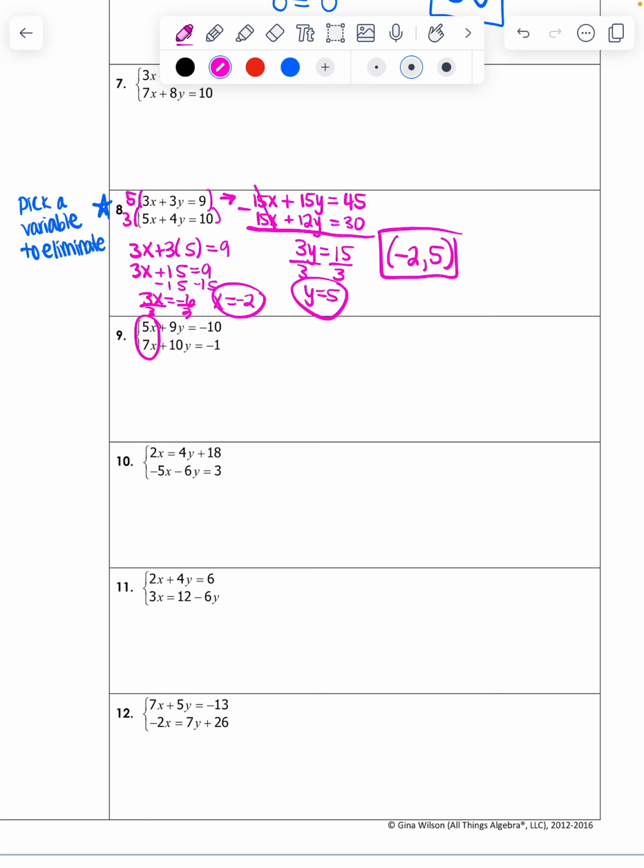If I focus on the y's instead, the least common multiple of 9 and 10 is 90, which is a little bit larger, so I don't like that as much. So I'm going to focus on eliminating x in number 9.